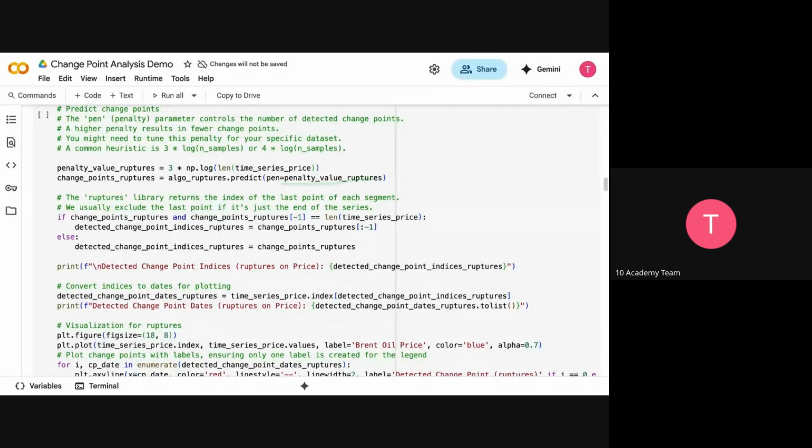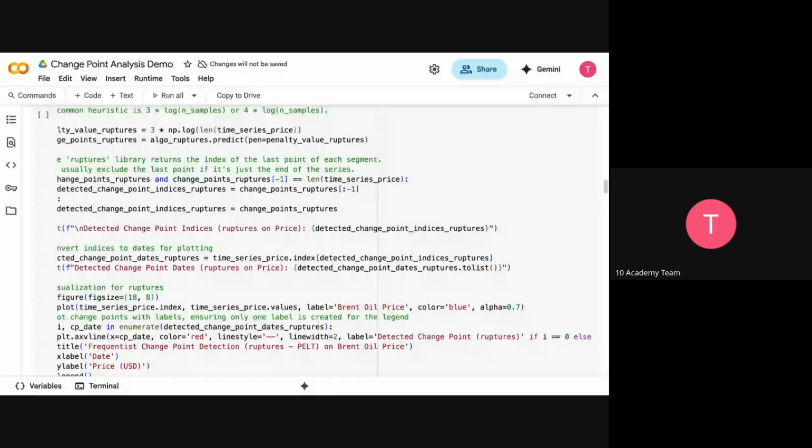I will show you why. So I just used the recommended 3 times the logarithm of the length of the dataset as a penalty. A higher penalty results in fewer change points identified, so you have to play around with the penalty in order to get the sweet spot.